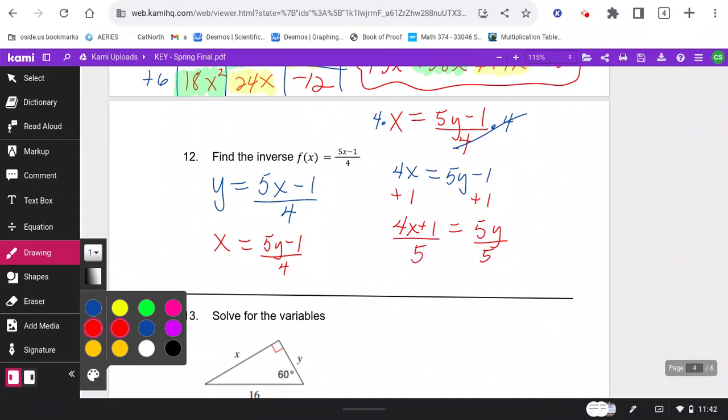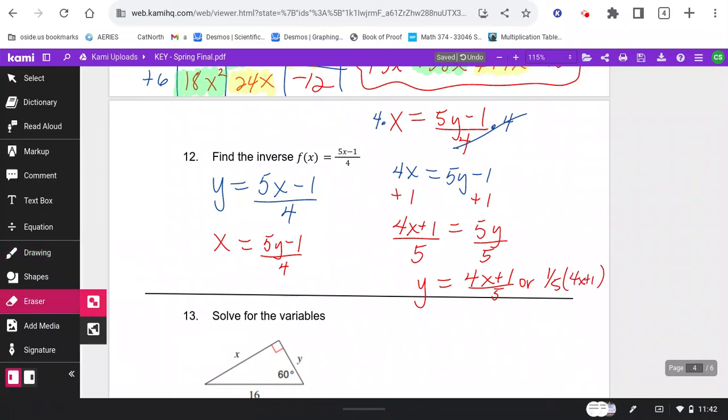And last step is dividing by 5. Another way that you could write this is 1/5 of 4x plus 1, just to be clear that dividing by 5 is the same as 1/5.